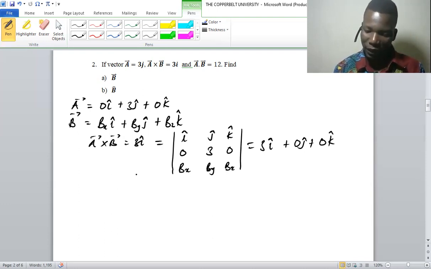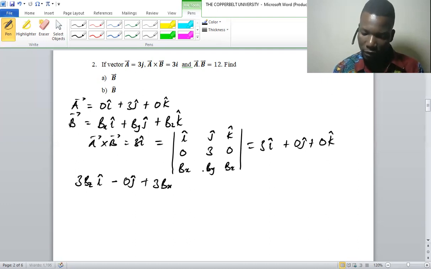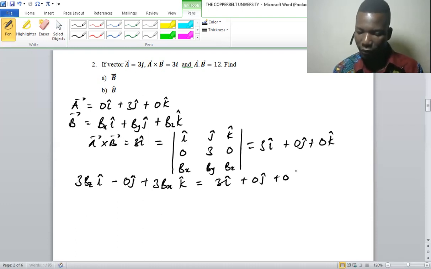We're going to have 3bz minus 0, which will be just that, and then we have minus, and we have 0 minus 0, so we have 0j here, and then here we are going to have plus 3bx minus 0, we get 3bx, being equal to 3i plus 0j plus 0k.